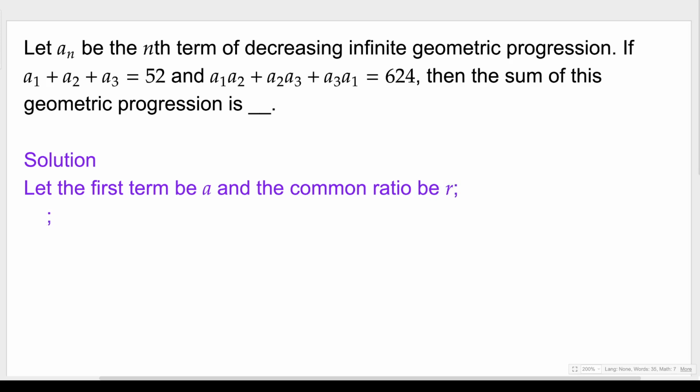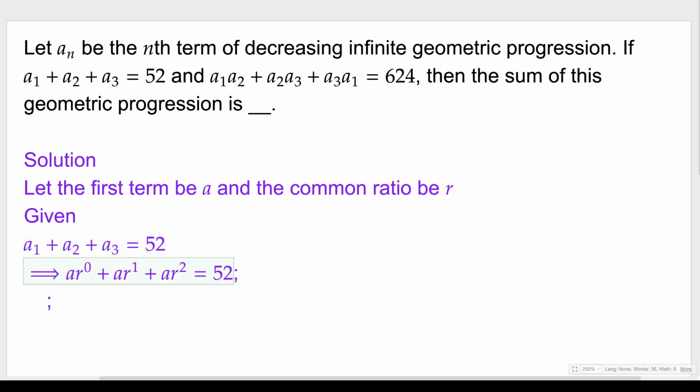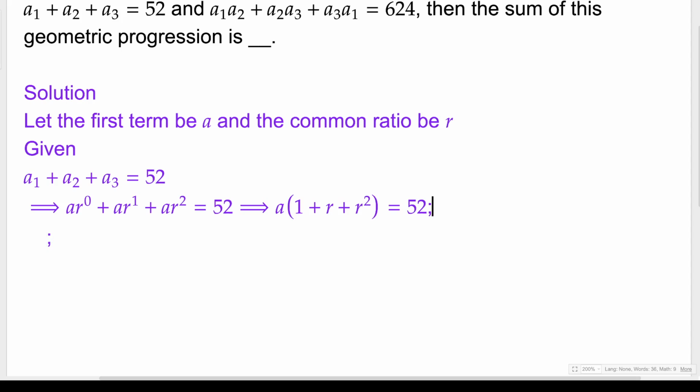Now in this problem statement, it's already given that the sum a1 plus a2 plus a3 is 52. This implies a multiplied by 1, and 1 can be written as r to the power 0, considering that r is non-zero, plus a r to the power 1 plus a r to the power 2, that is a r squared, equals 52. Taking a as the common factor, this is a times (1 plus r plus r squared) equals 52, and we'll see later where we can use this information.